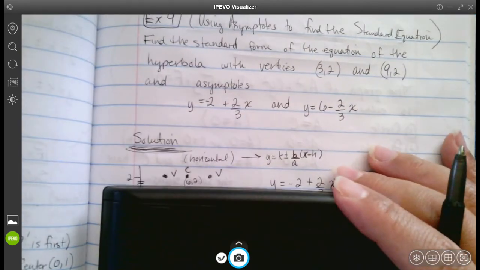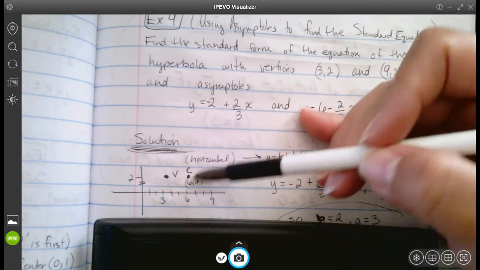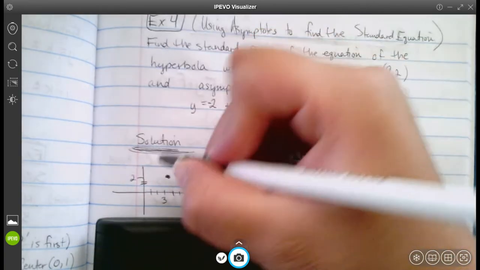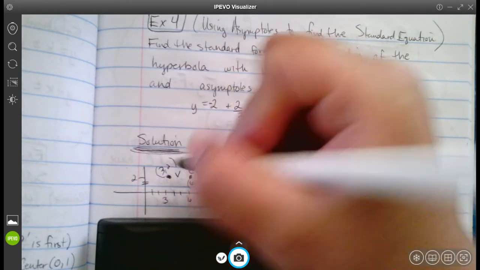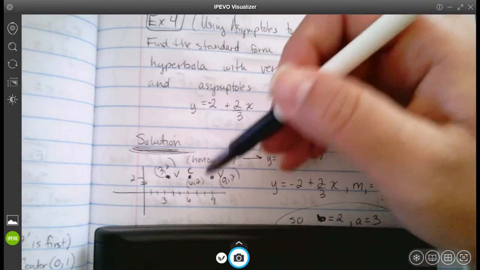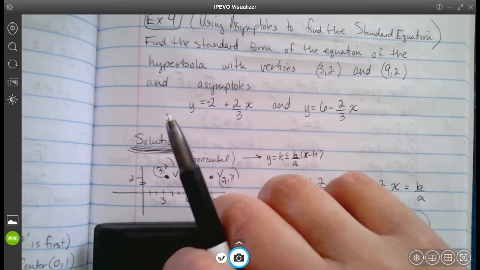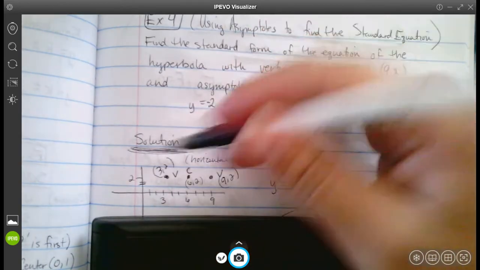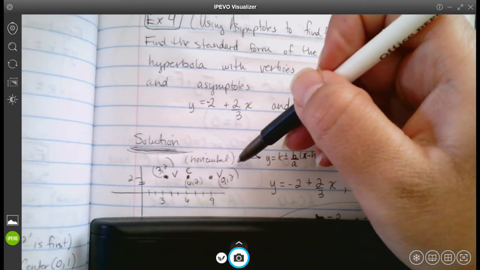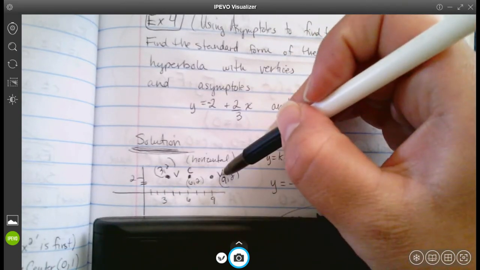So here below, you'll see kind of a little bit of a mess here. So here is my first point. This is 3, 2, and this one is going to be 9, 2. And just by the orientation, because you have the same y values, I can tell that this is going to be a horizontal hyperbola. So I put that here on the halfway point between these two.